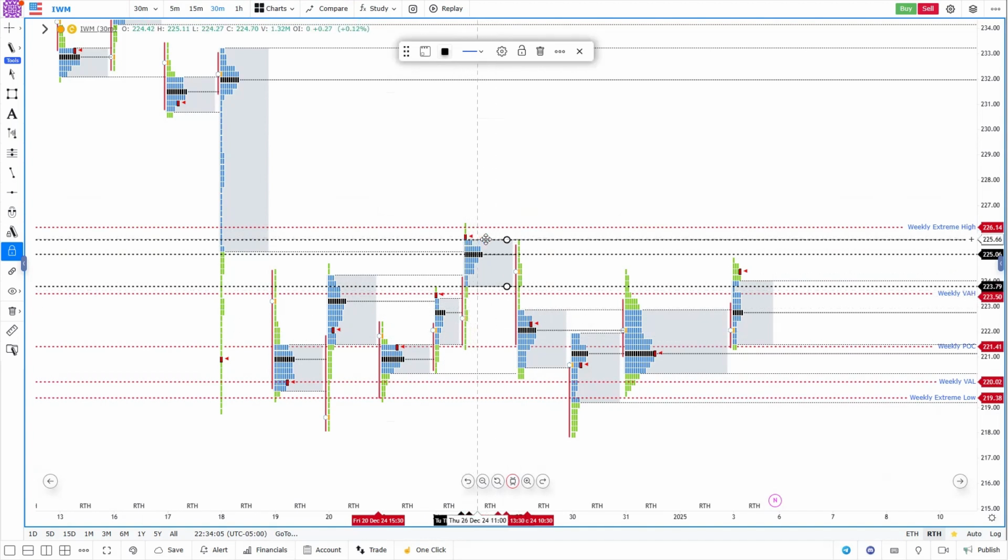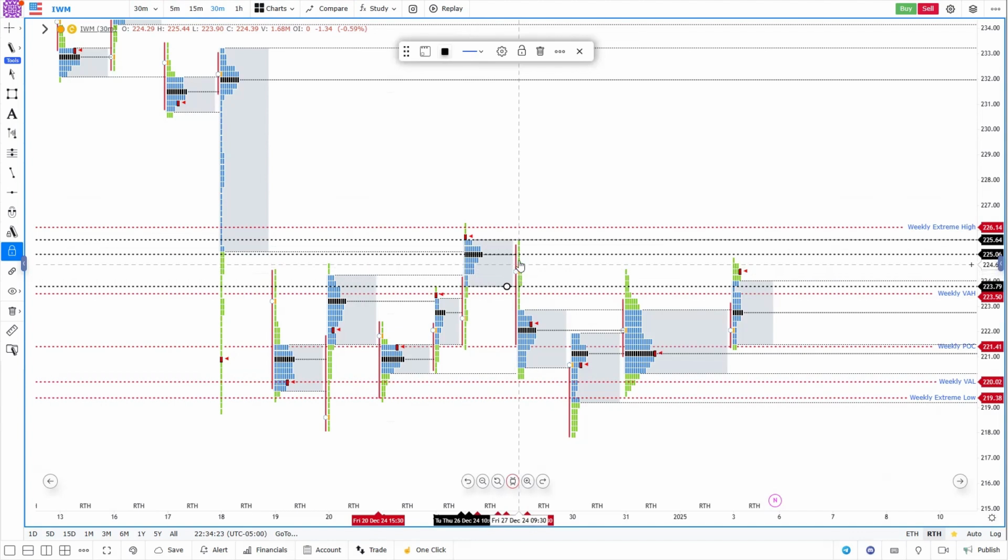So if you get to the very high of the value for that day, and you see Friday the 27th, we opened, looks like 224.29. So roughly here, right? Roughly here is where we opened.